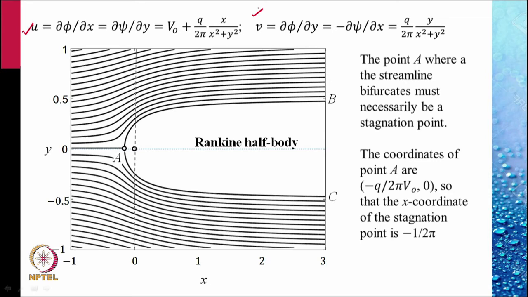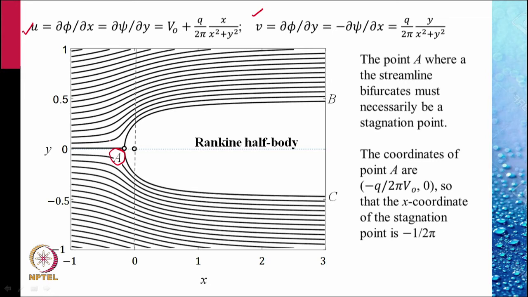The point A where the streamline bifurcates must necessarily be a stagnation point. To locate the point A, we put the values of u and v both equal to 0 to obtain the value of x and y at which this point occurs.